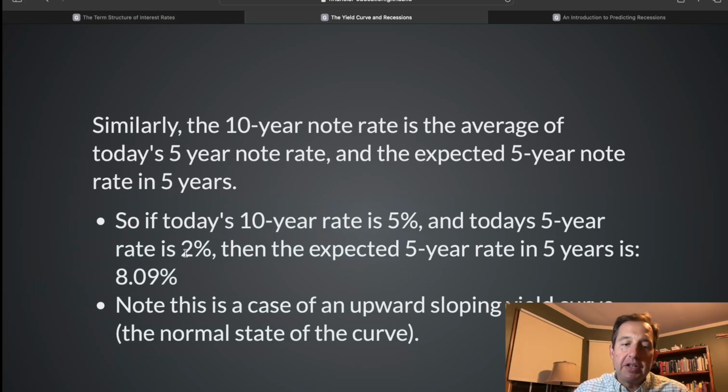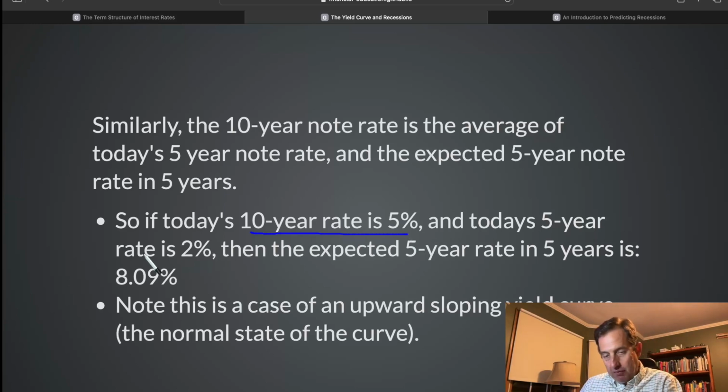So jumping into some numbers here, if the 10-year rate today is 5%, and that's the rate on the 10-year note, and the rate on the 5-year note today is 2%, then by pure expectations, we expect the 5-year interest rate that will prevail in 5 years to be 8.09%, right?